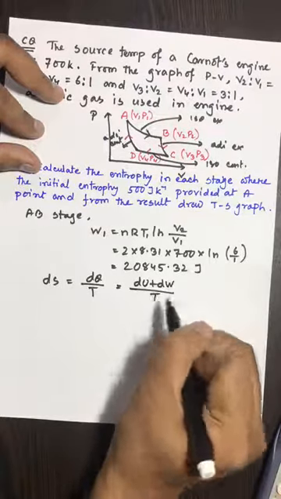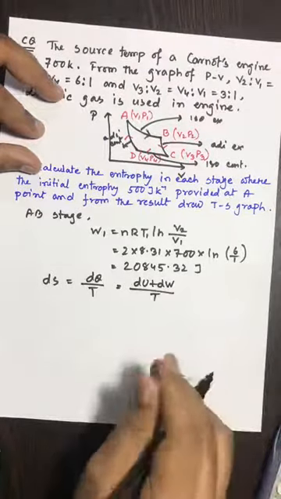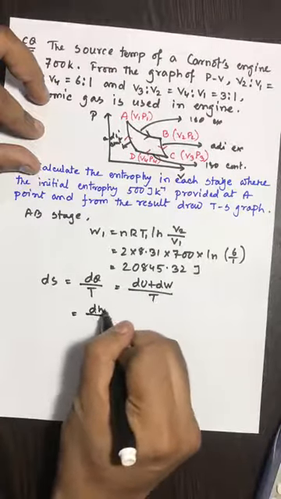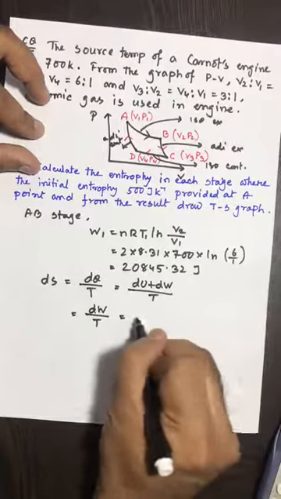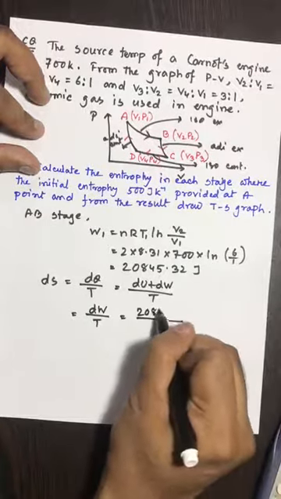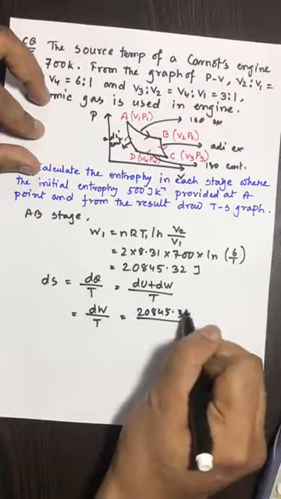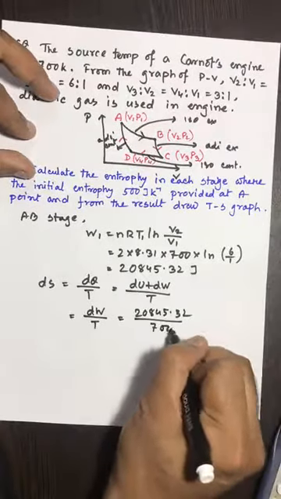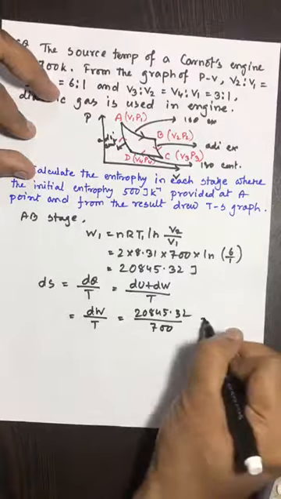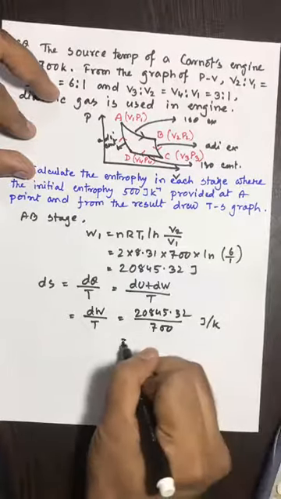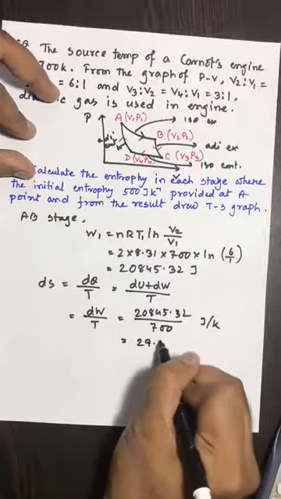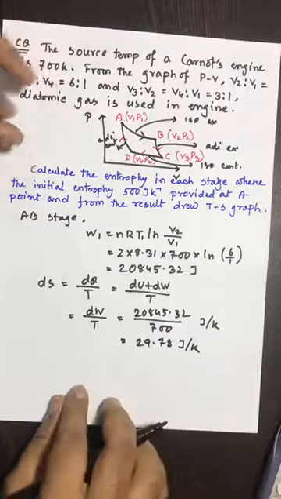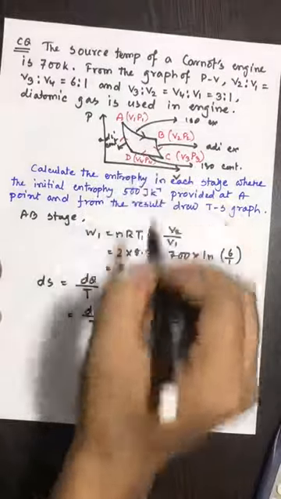In an isothermal process dU equals 0, so we find only dW by T. The value of dW is 20845.32 and temperature is 700, in joule per Kelvin. This comes to 29.78 joule per Kelvin.